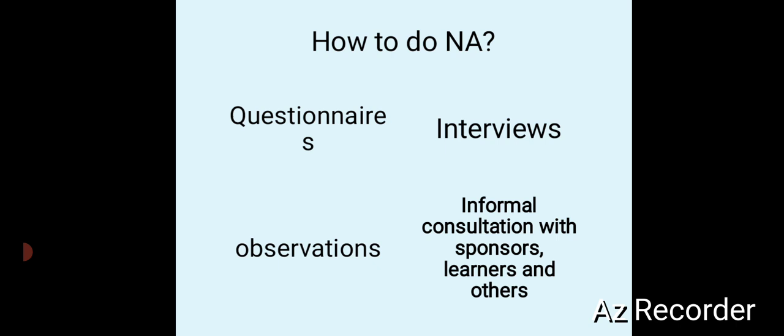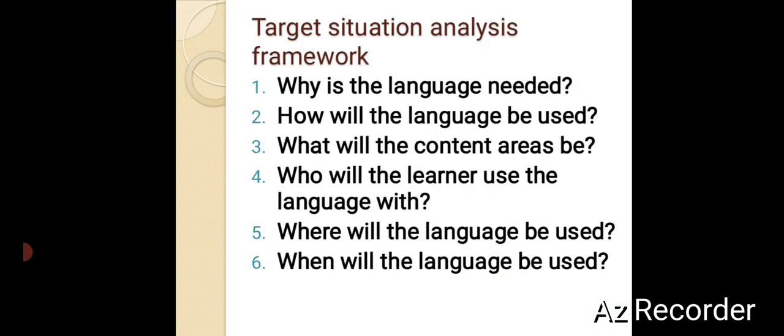We can do interviews, we can do observation, or we can have informal consultation with the sponsors, their boss, for example, the directors or the managers of the hotel, or just consult with the learners themselves or other parties. Okay, so that you know the information about what they need, what they want, what they haven't mastered, for example.